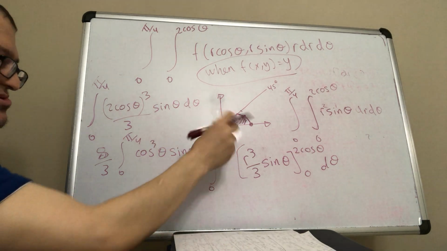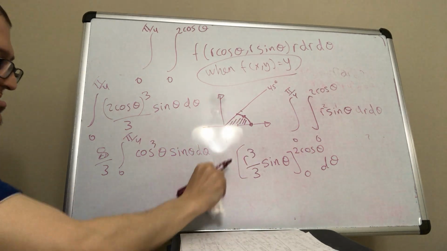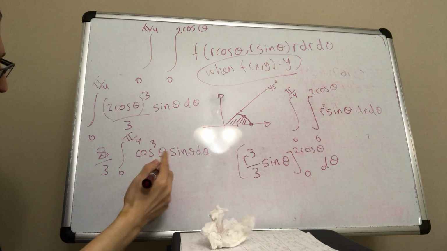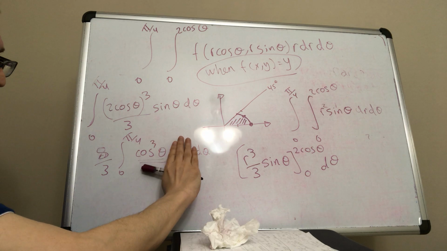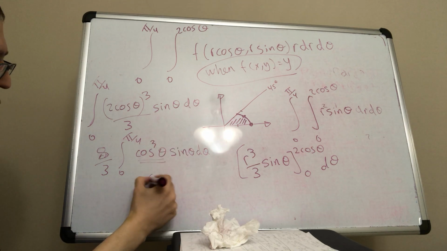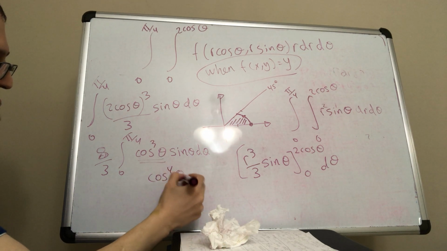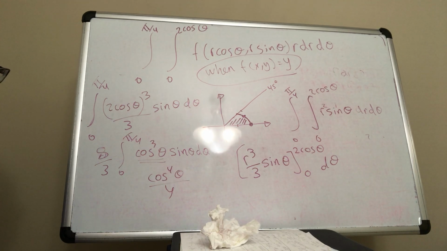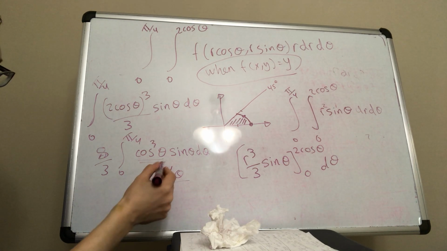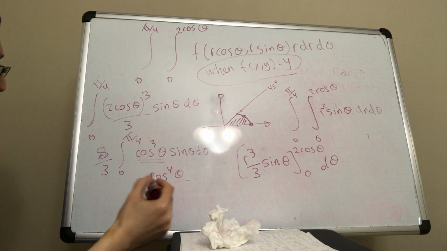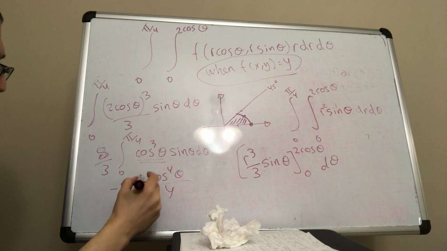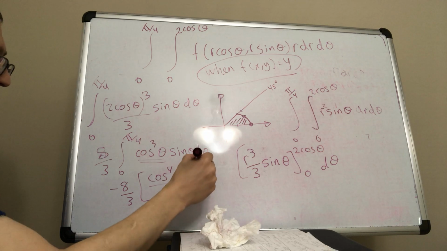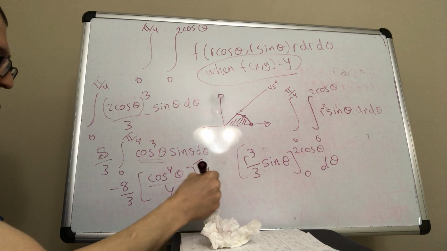You can do this u sub, or basically, this is the function, this is the derivative, hide the derivative, add 1, divide by the number. And the derivative is negative, so you just put a negative outside. In fact, the negative of the constant, 8 over 3. And you have pi over 4 and 0.